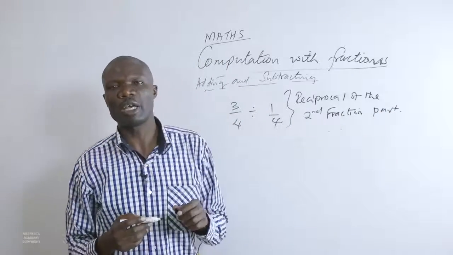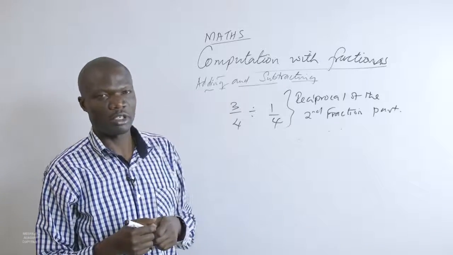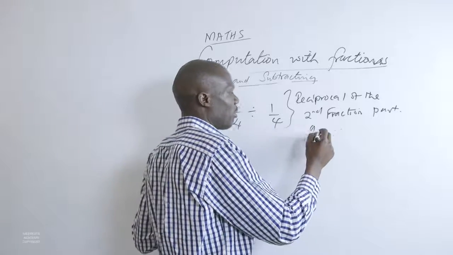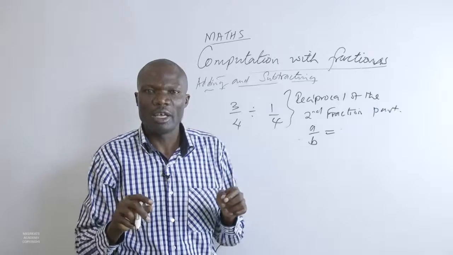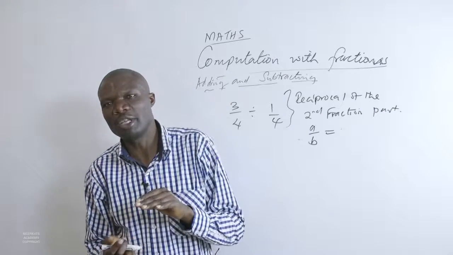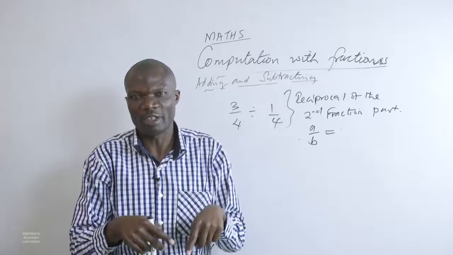This is the same as multiplying by the reciprocal of the second fraction. For example, if you have A over B, the reciprocal of A over B is simply to interchange. The denominator becomes the numerator, and the numerator becomes the denominator.